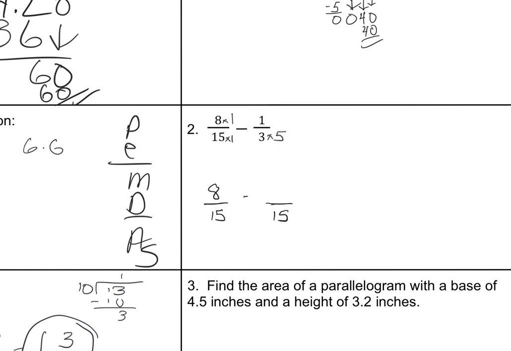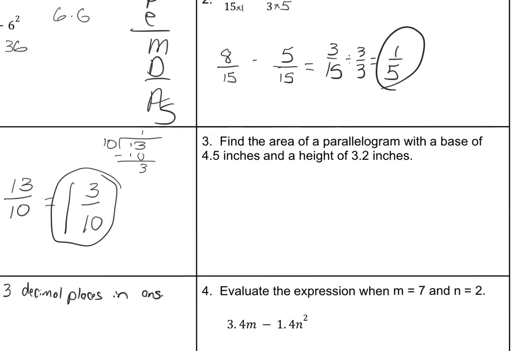I multiply 5 times 3 to get the 15 at the bottom, so I'm going to multiply the 1 times the same 5 to get 5 on the top. When I subtract, I get 3/15. That needs to be simplified by the greatest common factor, which is 3. Divide 3 by 3, I get 1. Divide 15 by 3, I get 5. My simplified answer is 1/5.